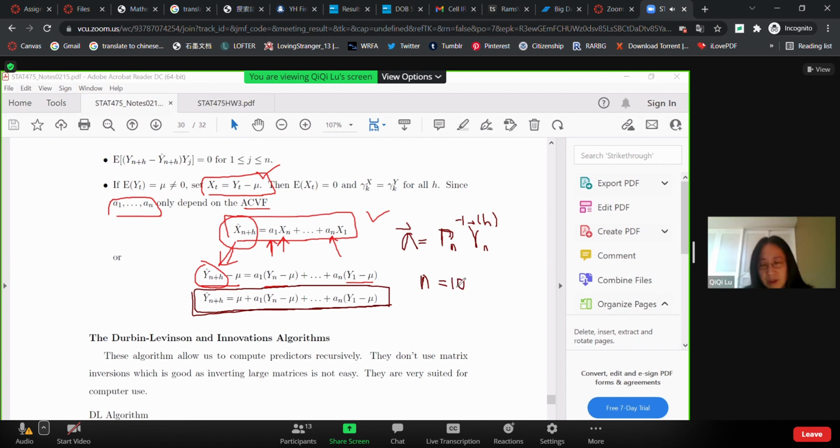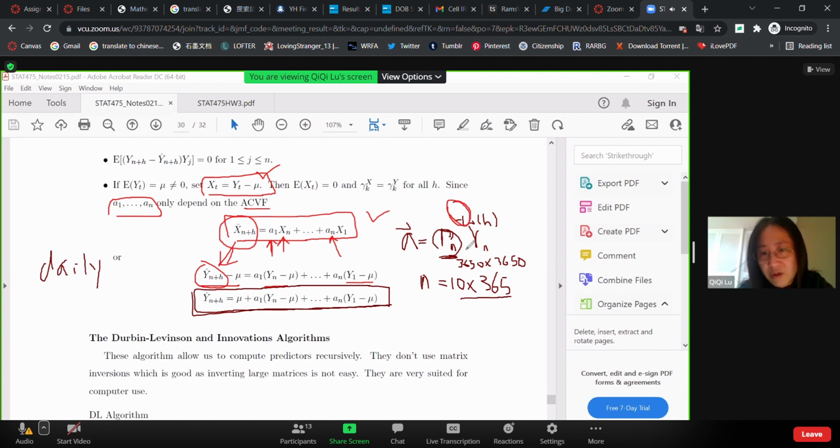If you have 10 years of daily data, then gamma n here is a 3650 by 3650 matrix, and you have to take the inverse of a matrix like 3650 by 3650. This is not an easy job to do.